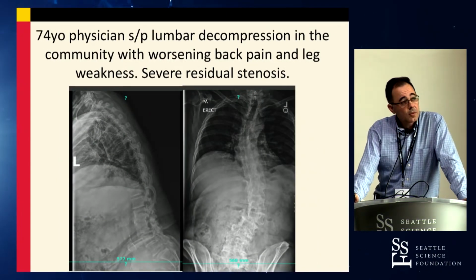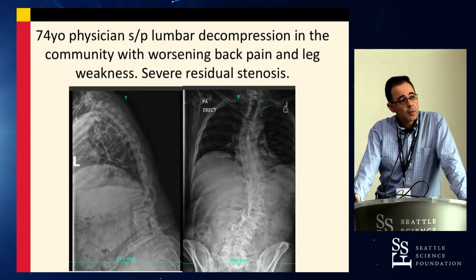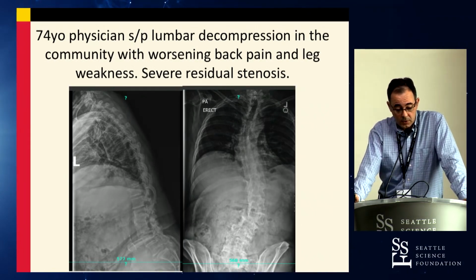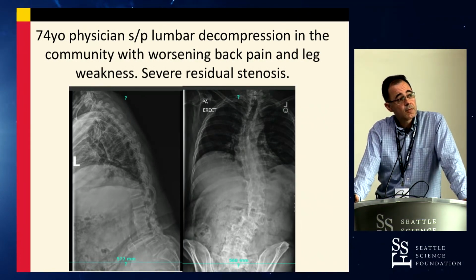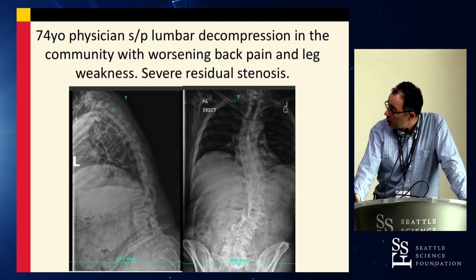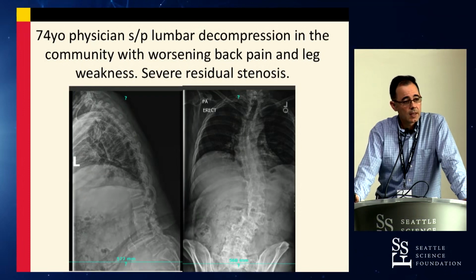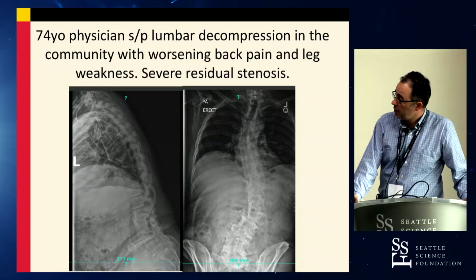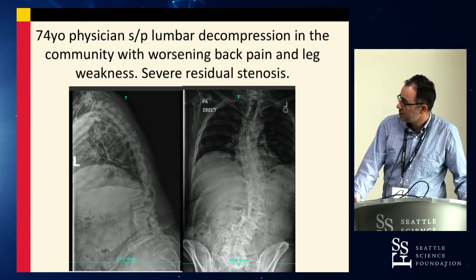So in this patient, my thought process: he was 74 years old. He had multiple comorbidities. It's hard to see over here, but from L4 to S1, he's actually fused. And his symptoms were really primarily coming from the areas of olisthesis.